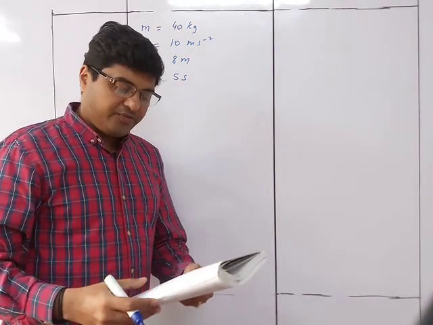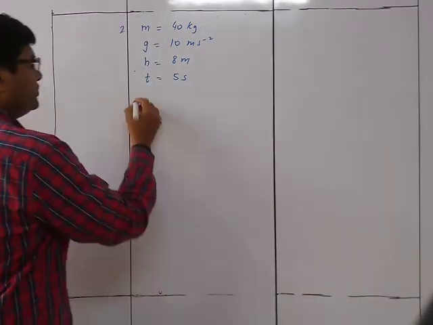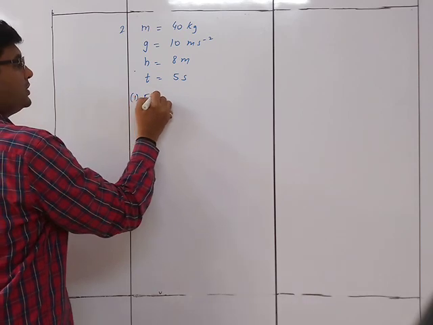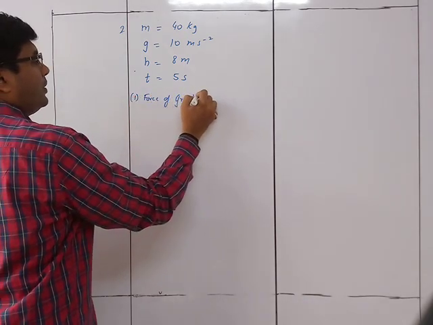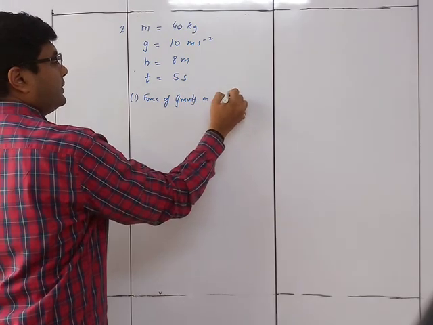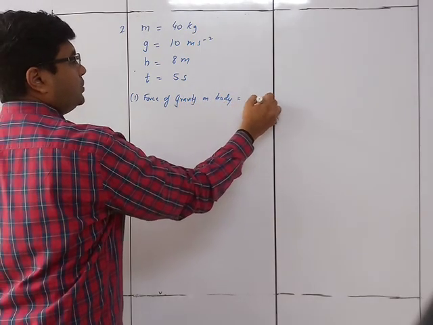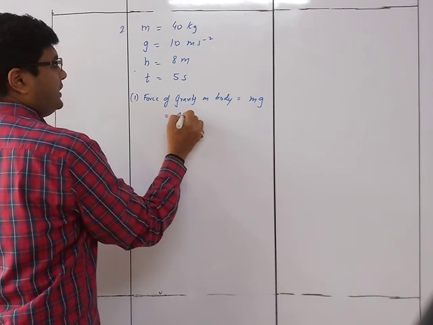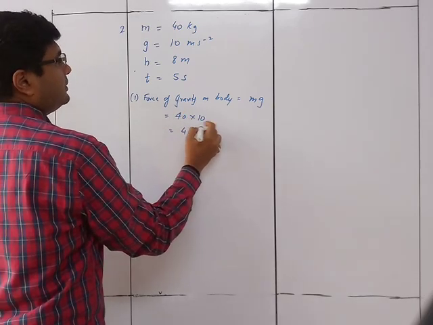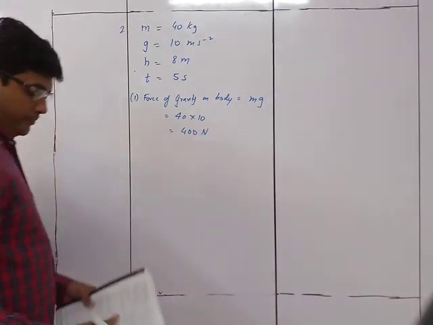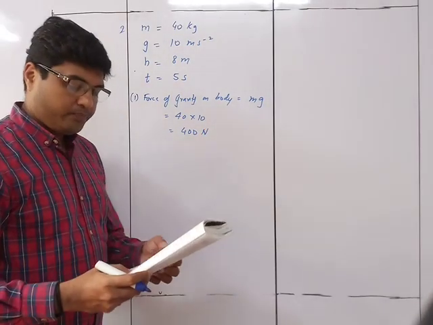You first need to find out the force of gravity acting on the body. So first thing, force of gravity on body is equal to m into g is equal to 40 into 10 is equal to 400 Newton. The first answer is 400 Newton.